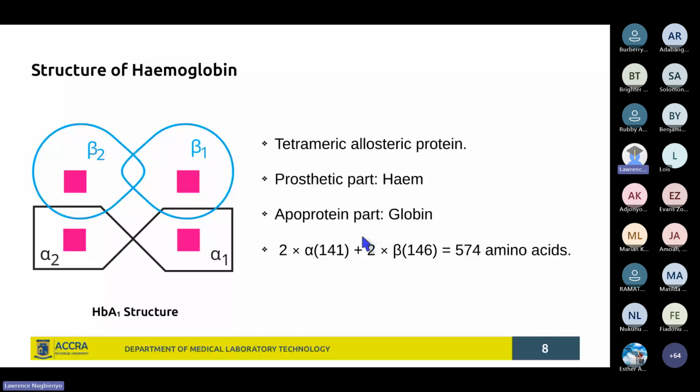It can be an organic compound like nicotinamide nucleotides or some vitamins, vitamin B, coenzyme A. All these things are organic compounds, but they are non-protein, which act in complex together with the protein part as the prosthetic part. So this is similar in that you have the apoprotein part, which is the globin, and then you have the prosthetic part, which is the heme.